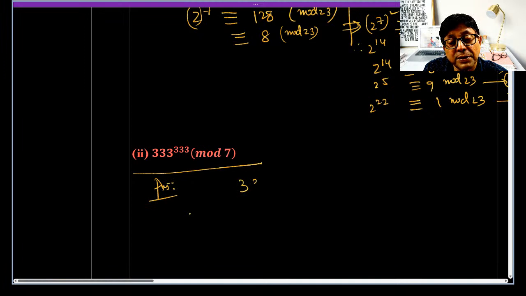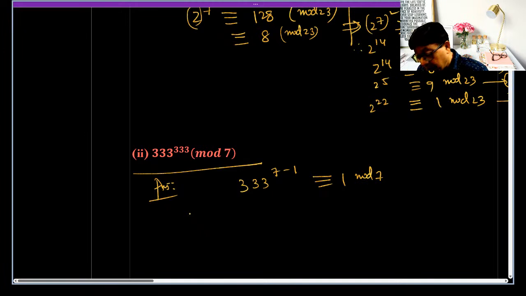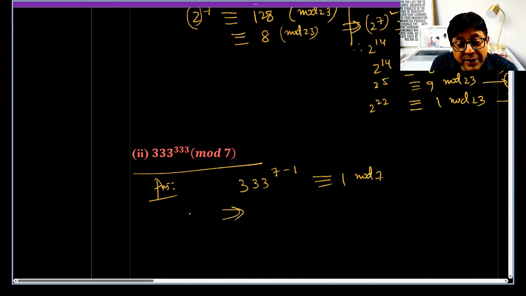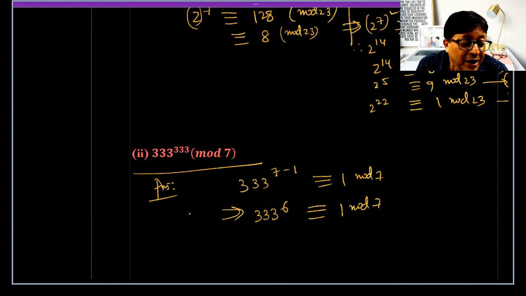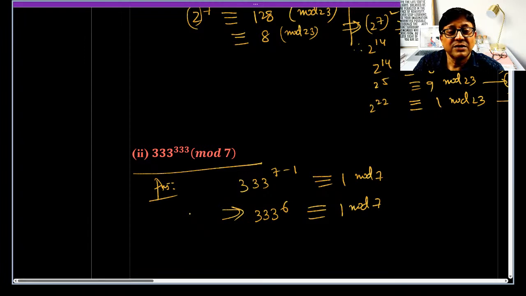We have 333 to the power 7 minus 1, which is 333 to the power 6, congruent with 1 mod 7. Now you need what? 333 to the power 333.